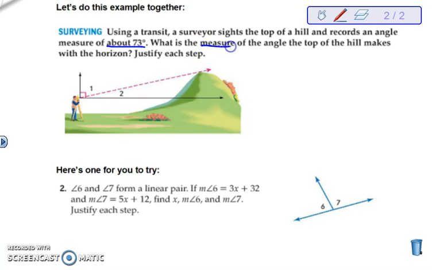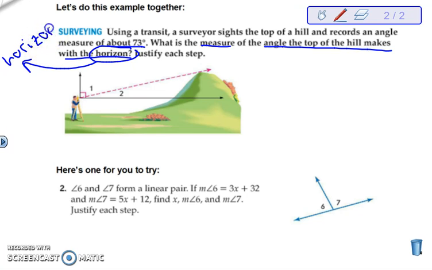What is the measure of the angle that the top of the hill makes with the horizon? So, remember, horizon, think horizontal. Horizontal lines, right, they go side to side.